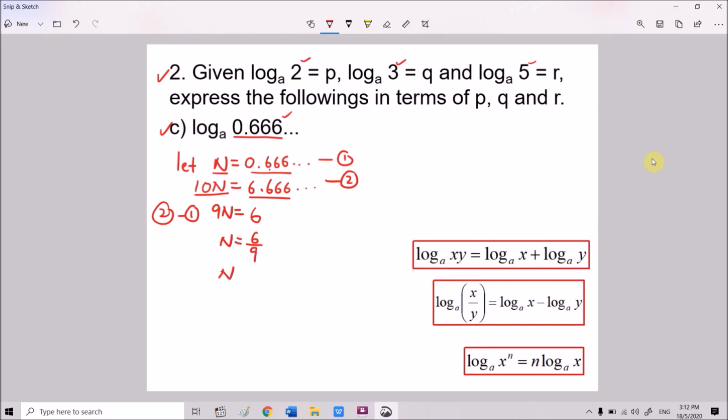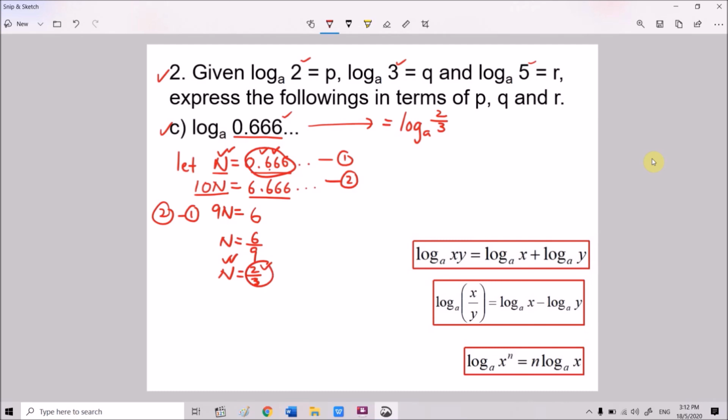When we simplify it, you get 2 over 3. n is this, which is 0.666, meaning that we can rewrite this as log base a of 2 over 3. Since 0.666 here is equal to n, and n equals 2 over 3, hence this is equal to this.